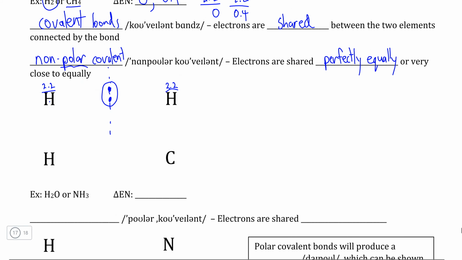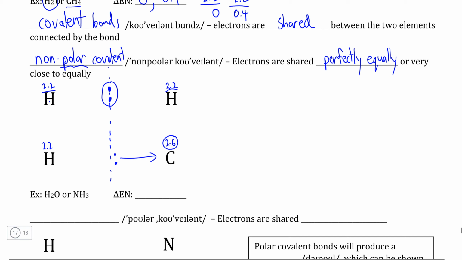So in this case, because carbon has a very slightly higher electronegativity than hydrogen, the electrons are not perfectly in between the two, but are actually slightly closer to carbon because it has a greater ability to attract electrons and pull electrons toward this side.